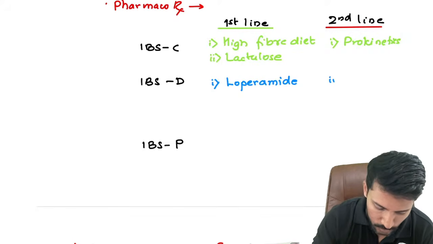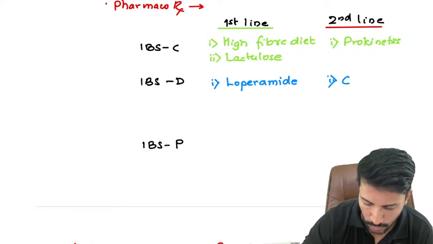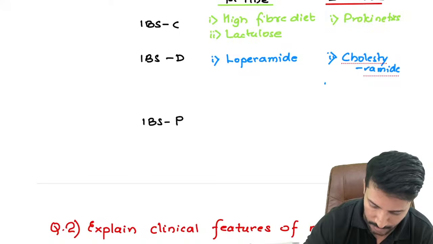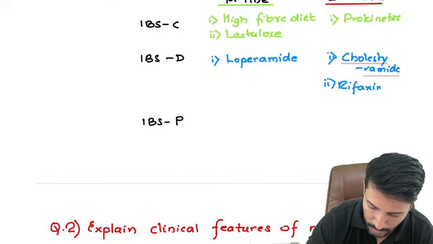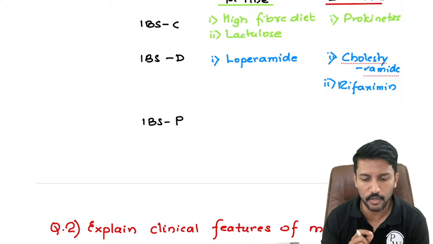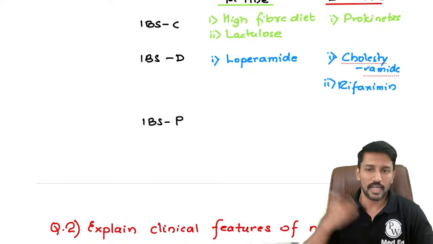As a second line agent, there is a long list of drugs. One of them is cholestyramine, which is a bile acid sequestrant. Then we can consider using rifaximin, which is a luminal antibiotic. What do I mean by luminal antibiotic? It is an antibiotic which is not absorbed systemically.